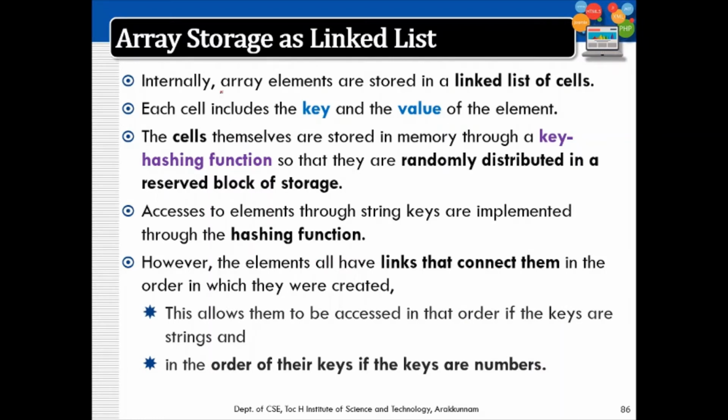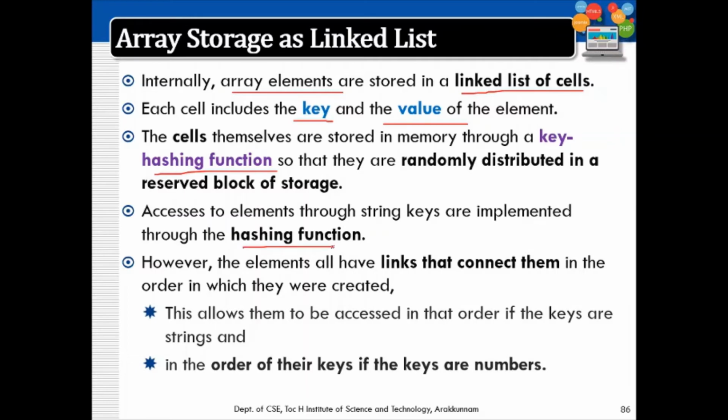And now we'll look into how an array is stored in the memory. Array elements in PHP are stored as a linked list of cells. Each cell includes a key and value of the element. The cells themselves are stored in memory using key hashing functions, and they are randomly distributed in a block of storage, and access to elements is implemented using hash functions.